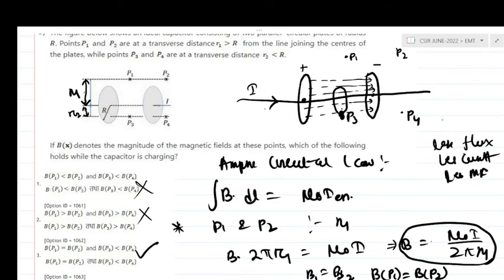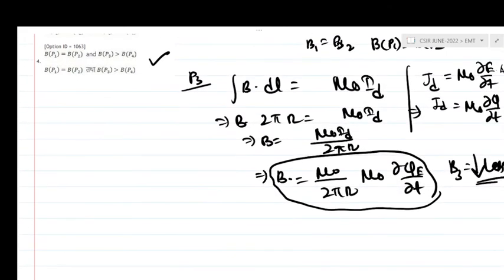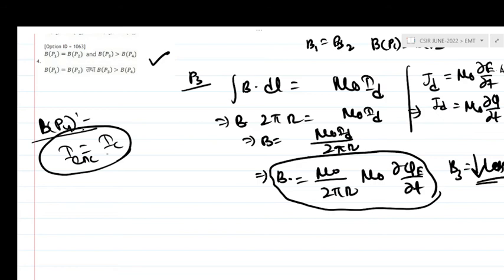And if you try to find the magnetic field at point P4, here the enclosed current is only the conduction current, and our conduction current is always more as compared to the displacement current.